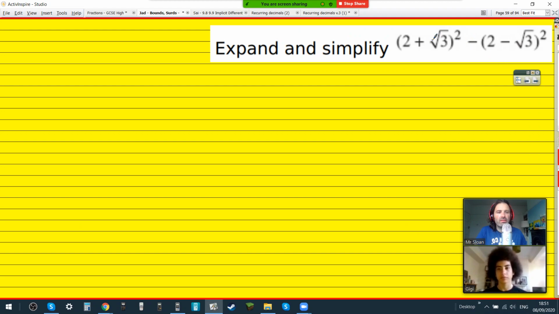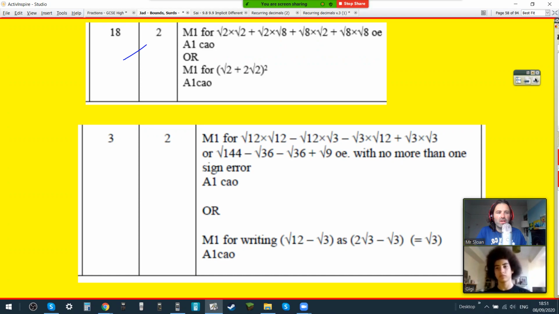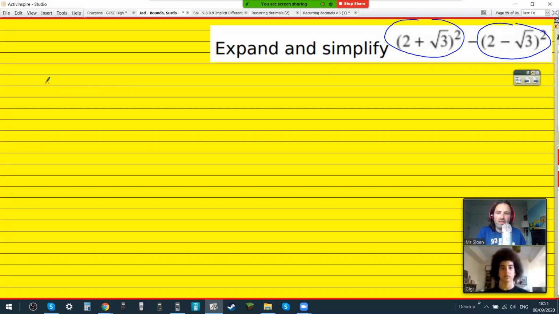Yeah, so you'd have to fully expand the first two, fully expand the second two, and then just do the first one minus the second one. So you might get something like 4 plus 3 is 7, and that would be plus 4 root 3. And so I think you would get that.